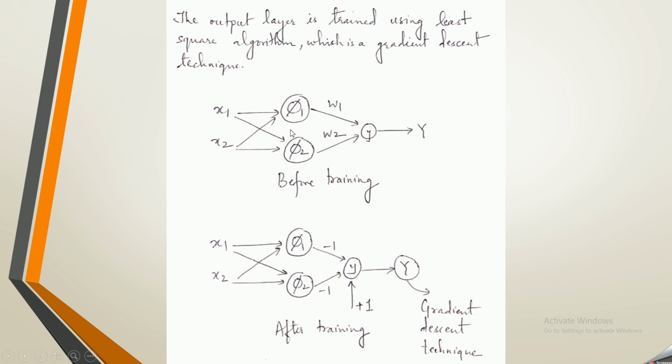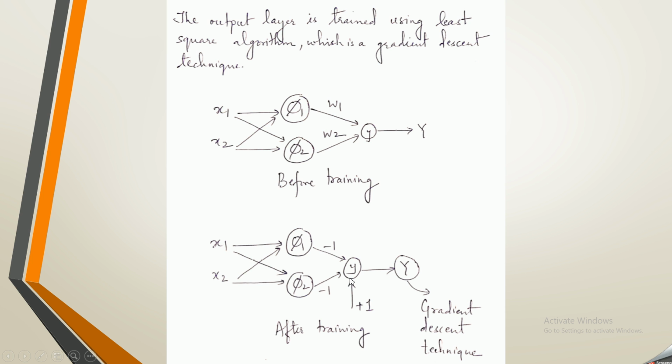So what is done is basically, whatever x1, x2 values are there, from there we apply the radial basis function and obtain phi 1 and phi 2. These phi 1 and phi 2 outputs are then given to the output neuron. But before that, parameters like weights are added to train the model.